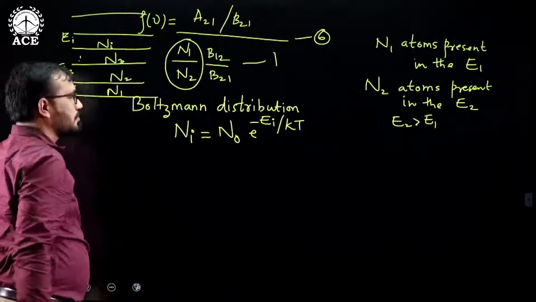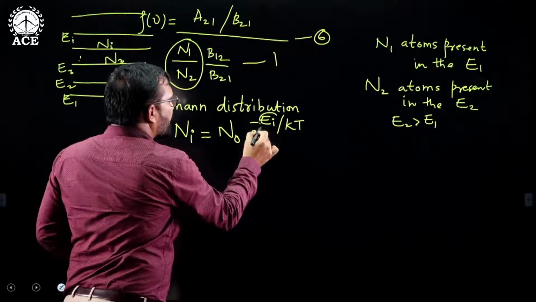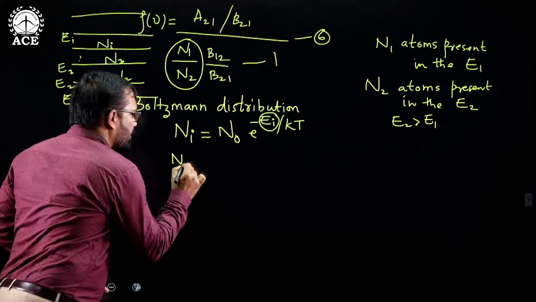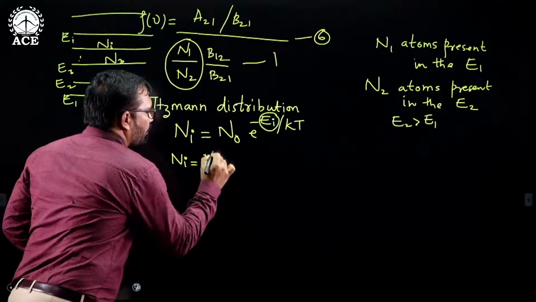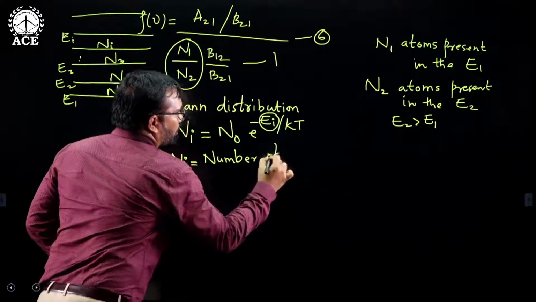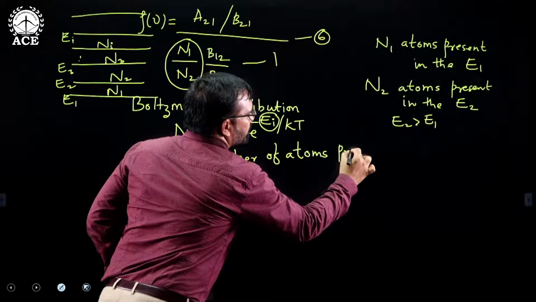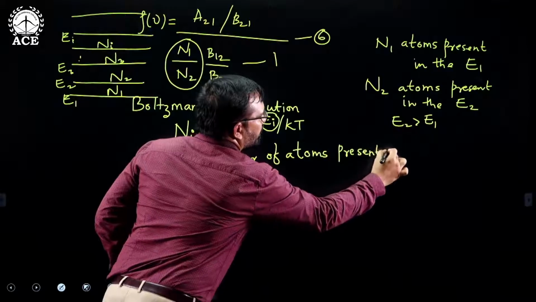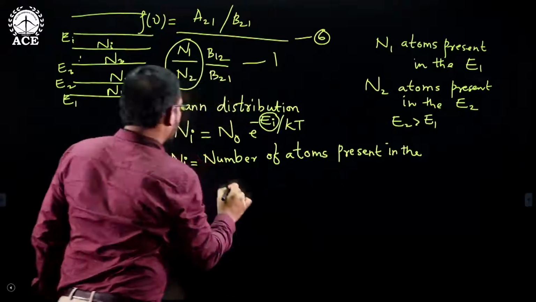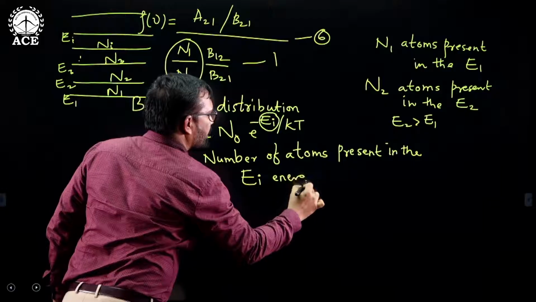Ni. Ni is the number of atoms present in the Ei energy level.